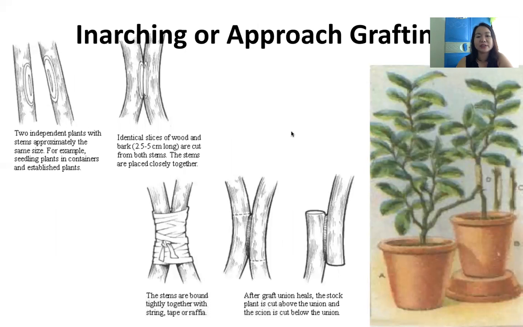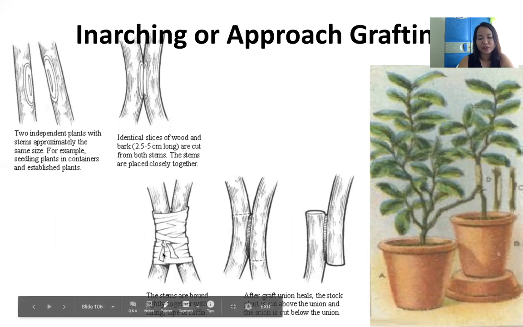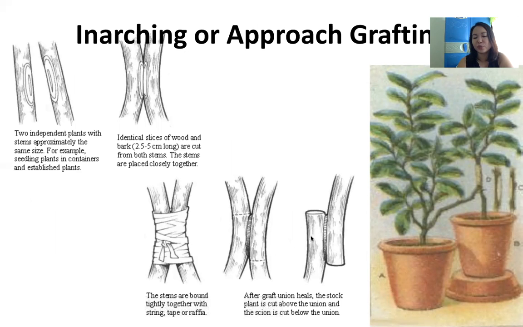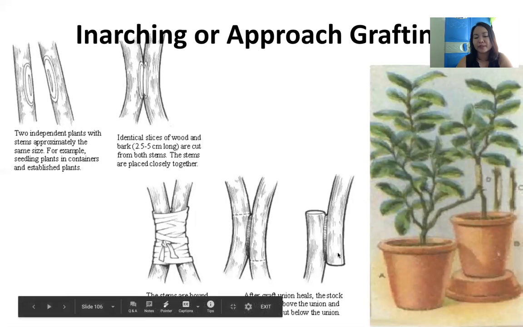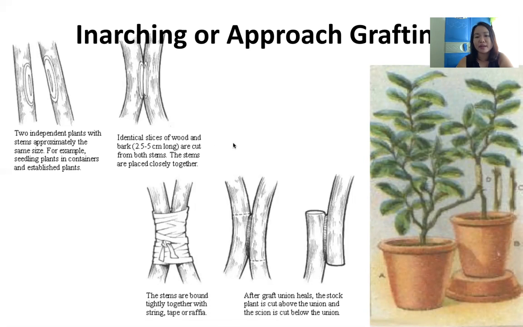This is inarching, the other term for approach grafting. These were the steps mentioned earlier. It's a slit, then you approach the slit, and then you tightly bind, and after a few weeks the graft union heals and it can be cut already to form a new plant.